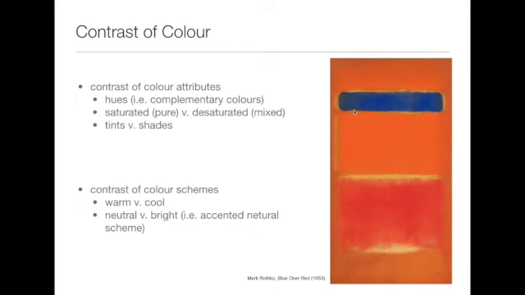But we can also start thinking about different color schemes, a warm color scheme versus a cool color scheme, a neutral color scheme versus a bright accented neutral scheme as well. So there are different ways that we can play around with color in order to make something pop and stand out.